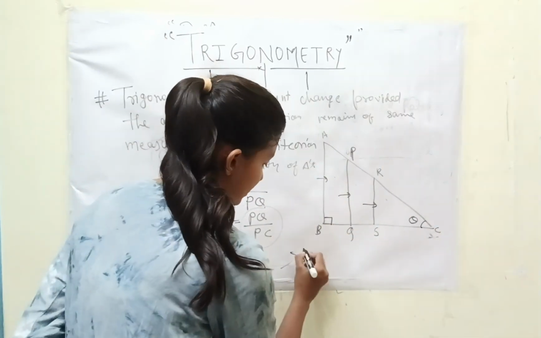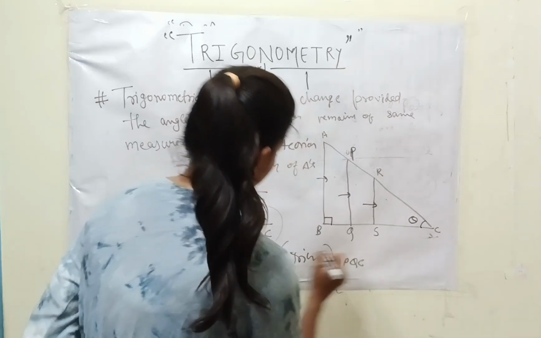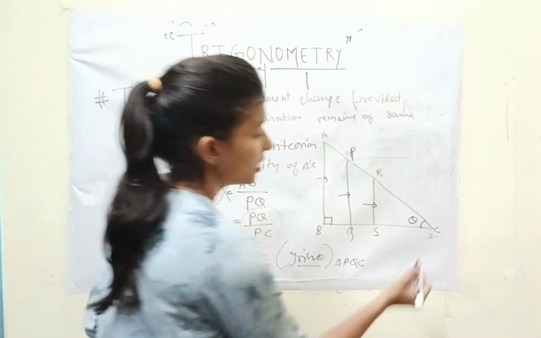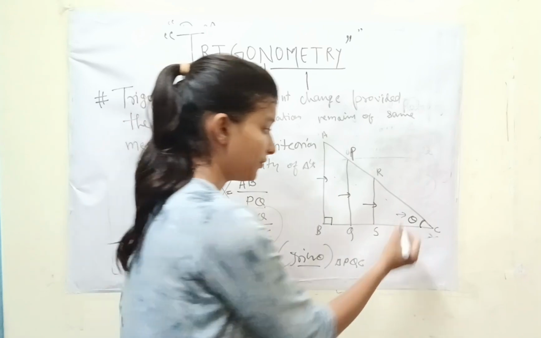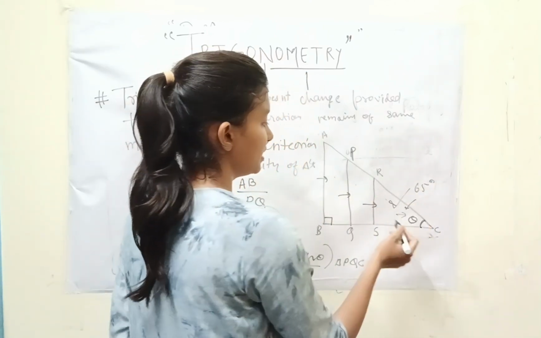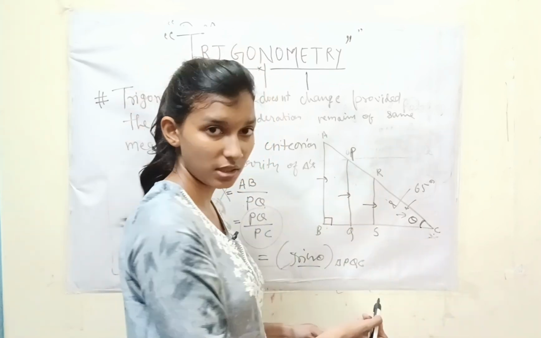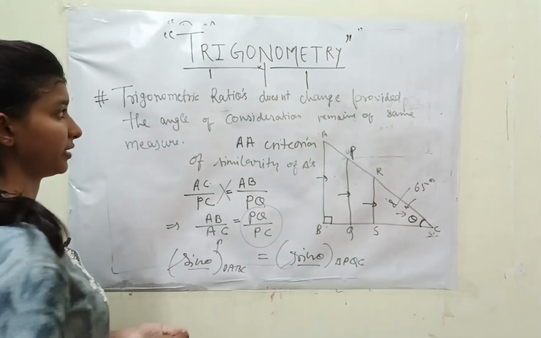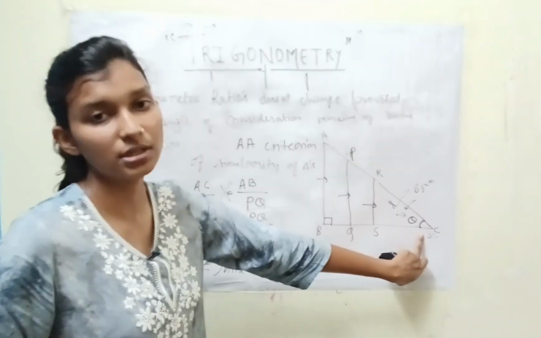This is sine theta for the triangle PQC. Here we can say that sine theta for both triangles is the same because the measure of this theta is the same for both triangles. If it is 65 degrees, then it remains 65 degrees in both triangles, whether it is triangle ABC, triangle PQC or triangle RSC. Hence, we can conclude that the trigonometric ratios don't change if the angle of consideration remains the same.